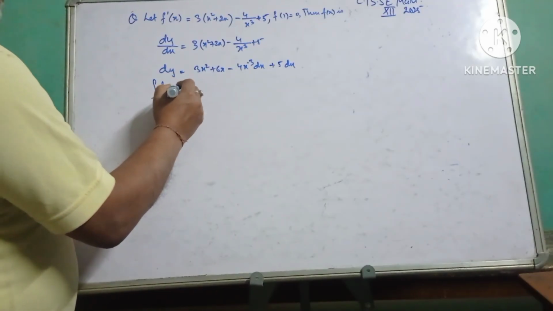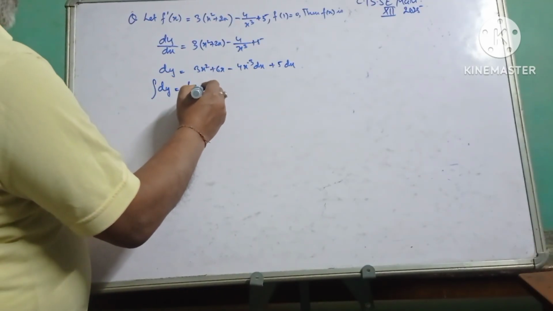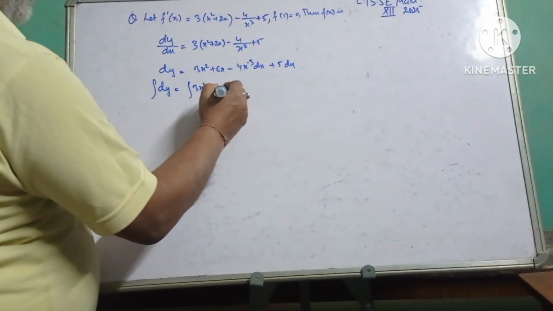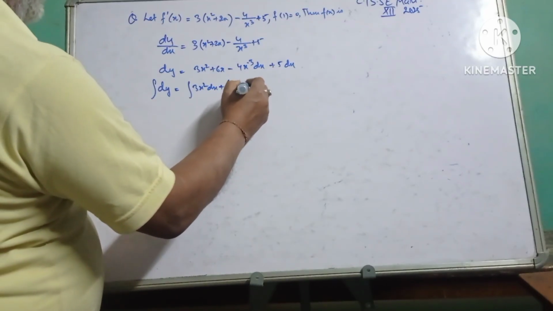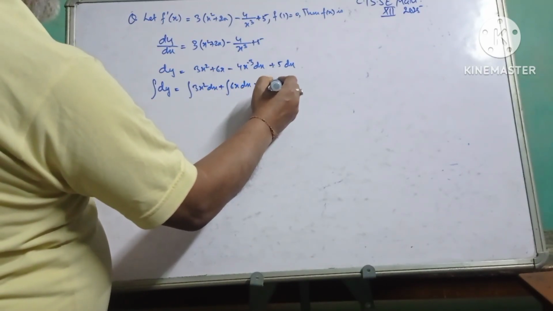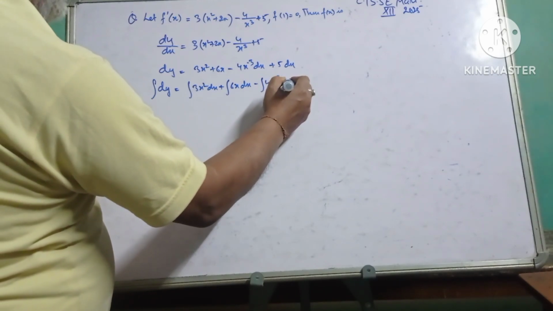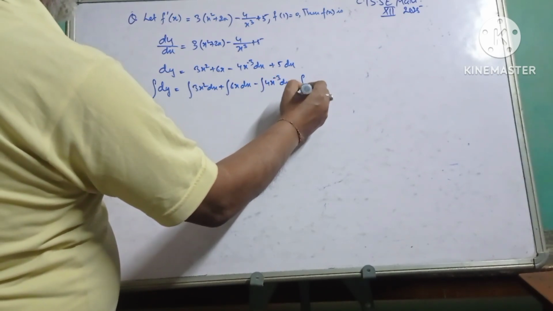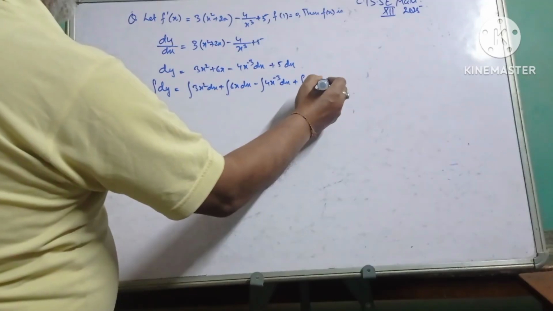Integrating dy, this will be 3x square dx plus 6x dx minus 4x to the power of minus 3 dx plus integration of 5 dx.